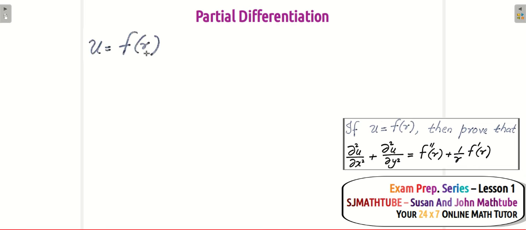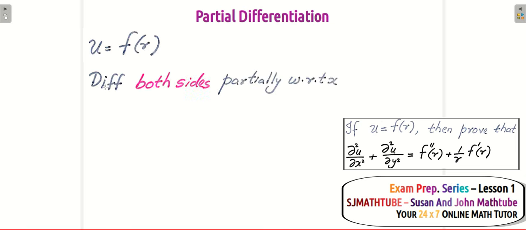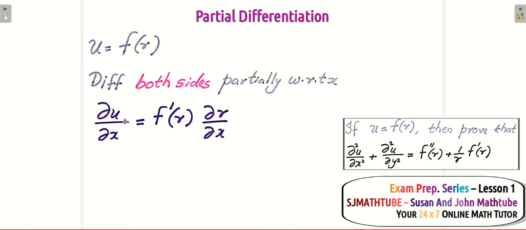So let's start with the given function. Now remember, r depends on x and y. So when I differentiate with respect to x, the partial with respect to x will be f dash times, do you remember the trick for the dependent variable?